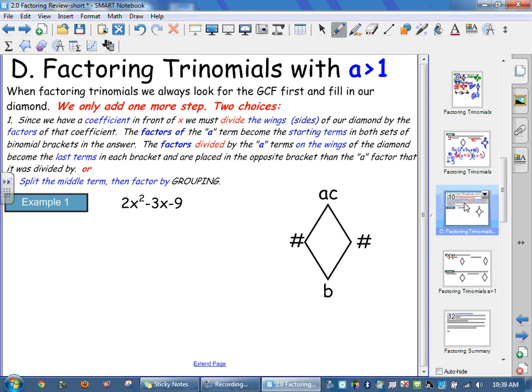What are the two numbers that multiply to give you a 2? 1 and 2. So the factors of 2 are 1 times 2. That's what's going to start my brackets. Okay, the factors of A.